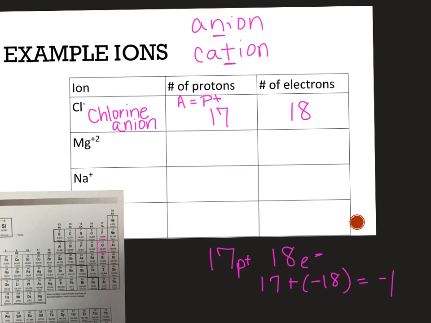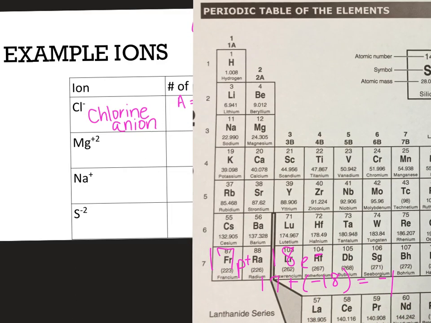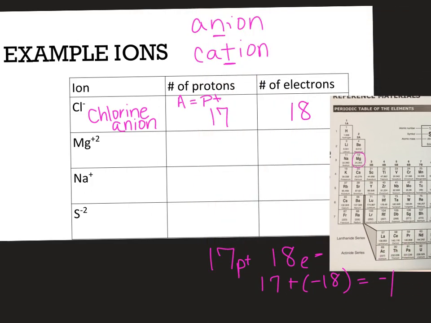All right, for the next one, we have Mg with a +2 symbol. So Mg is right here. This is magnesium. You do see that it has a plus sign. So we're going to go a +2. So we'll go ahead and label this one as a magnesium cation. Your magnesium has an atomic number of 12. So again, your atomic number is your number of protons.